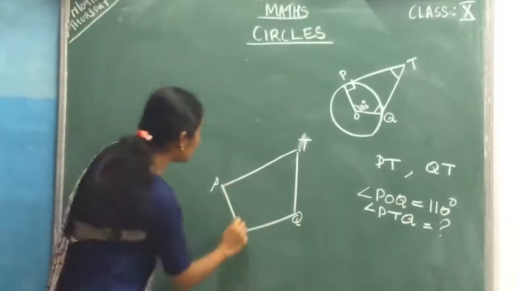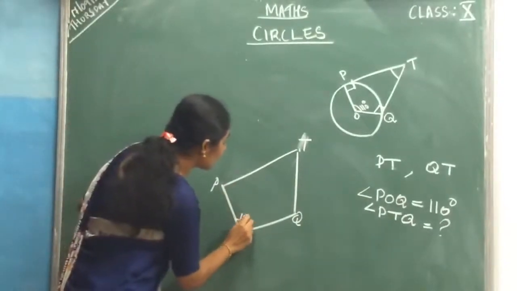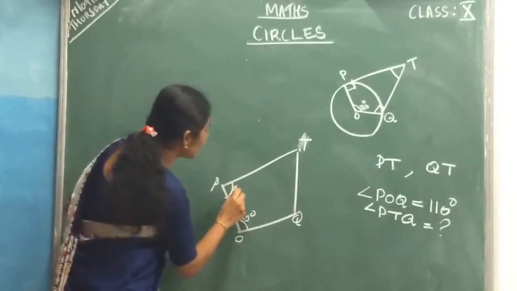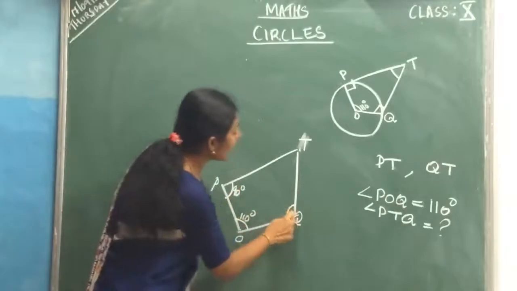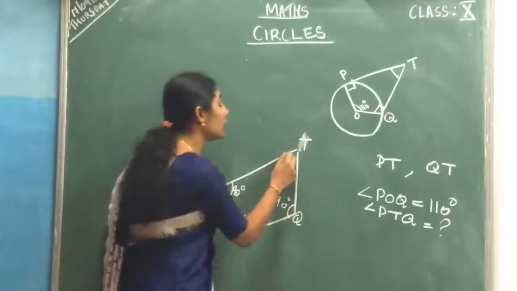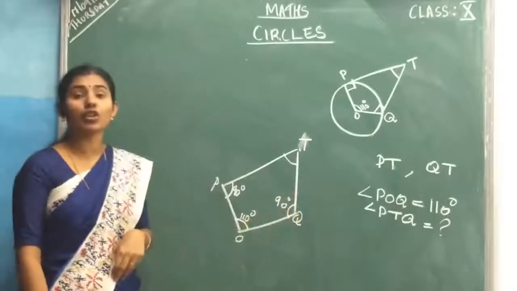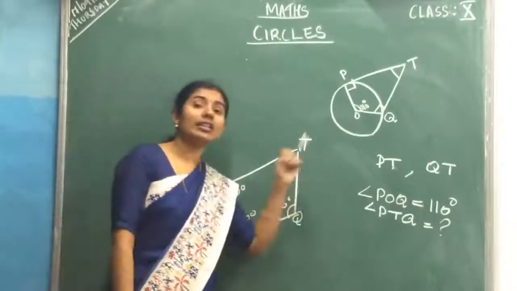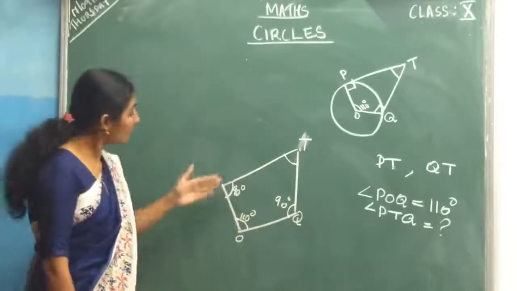Now we see here, this angle they gave is 110 degree. This angle we are getting 90 degree, and this angle we are getting 90 degree. What do you want to find? You want to find angle PTQ. See here, this is in the shape of a quadrilateral, isn't it? It has four sides.